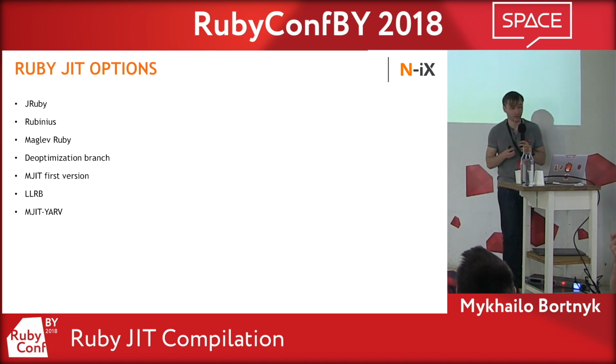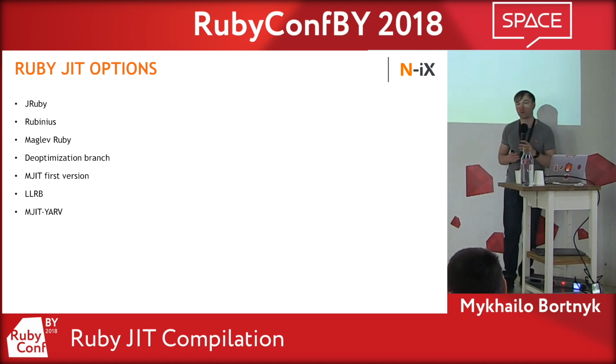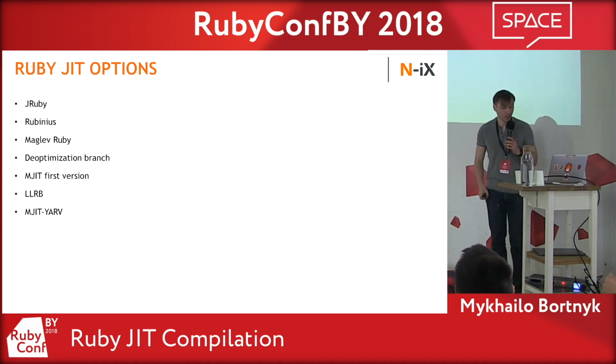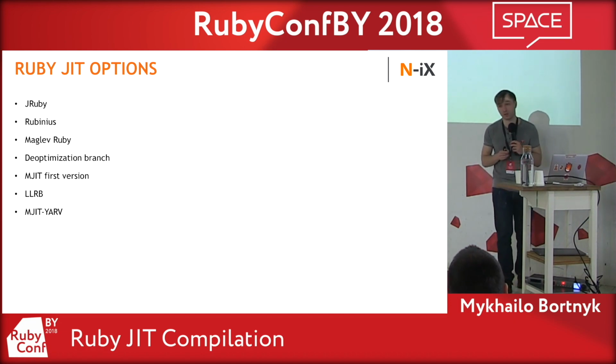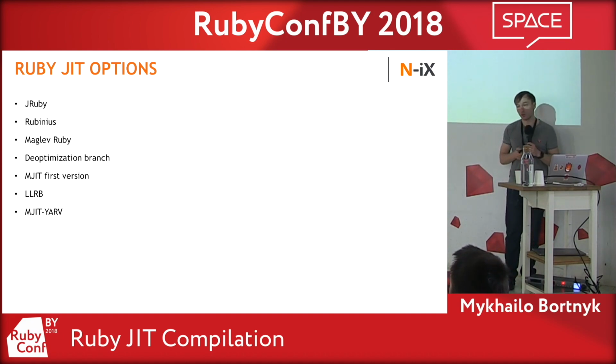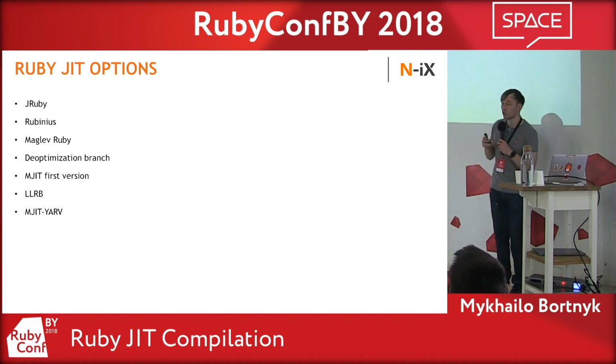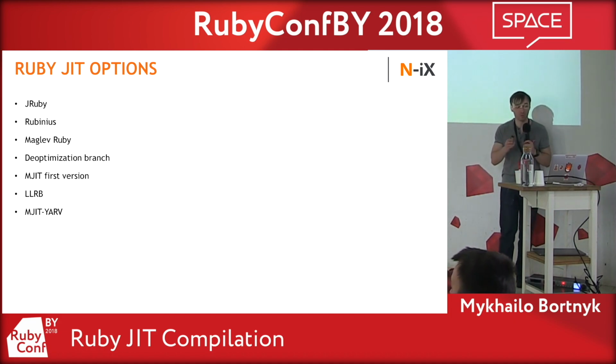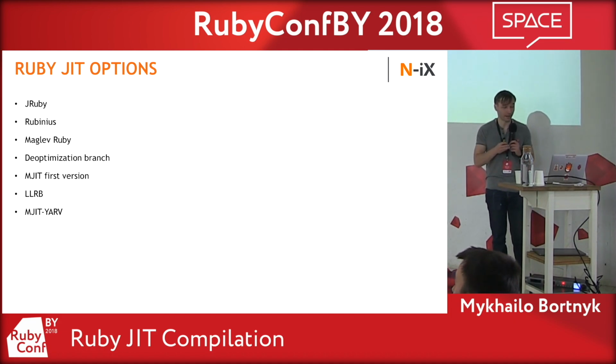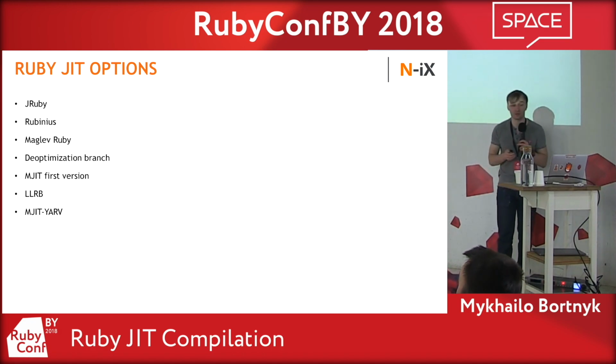JRuby was originally created by Jan Arne Petersen in 2001 and was just a one-to-one port of Ruby 1.6 code. At this time, JIT wasn't implemented, but beginning from version 1.1, JIT support was added together with Ruby 1.8 support. And JIT in the JRuby implementation just compiles Ruby bytecodes to JVM bytecodes and uses the JVM JIT implementation.